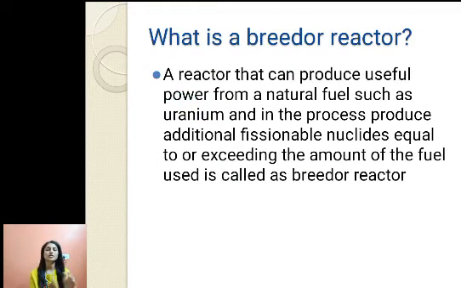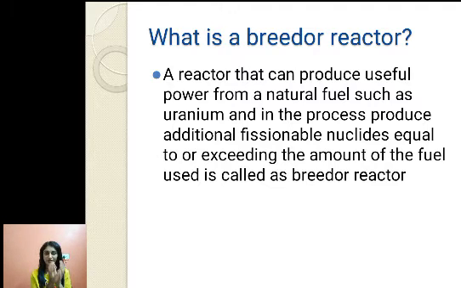A reactor that can produce useful power from a natural fuel such as uranium, and during the process of producing power is capable of producing additional fissionable material equal to or exceeding the amount of fuel used, is called a breeder reactor.